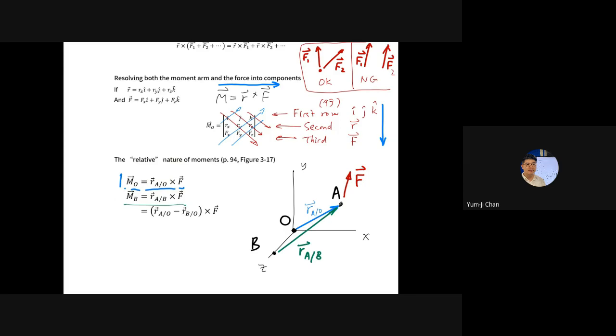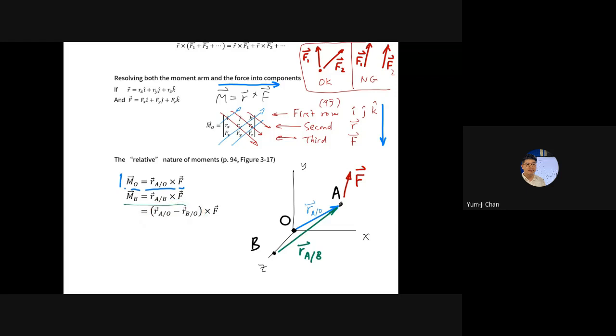I think this is easy for you, but sometimes it is not always easy to determine this one. I will show you some examples. Sometimes it is not easy to determine the vector from B to A. Therefore, we can use addition and subtraction of vectors to make it like this one.